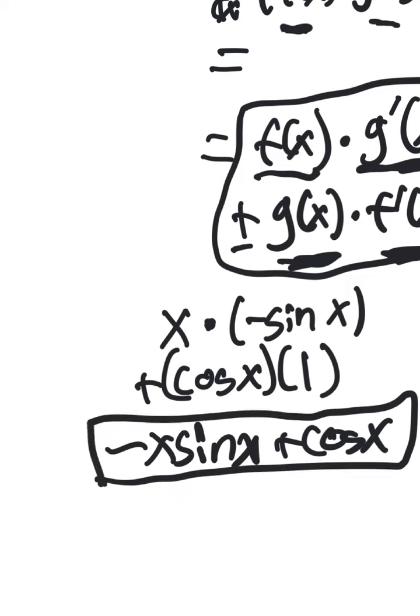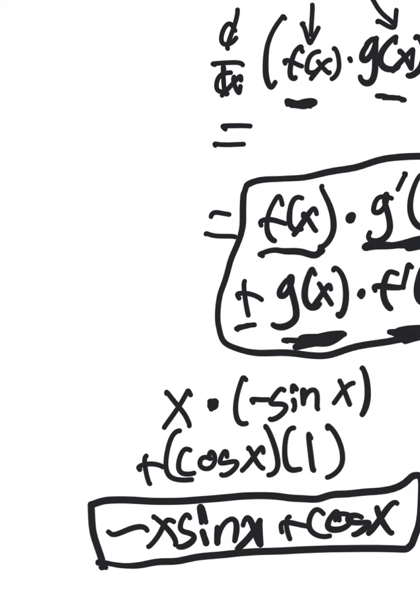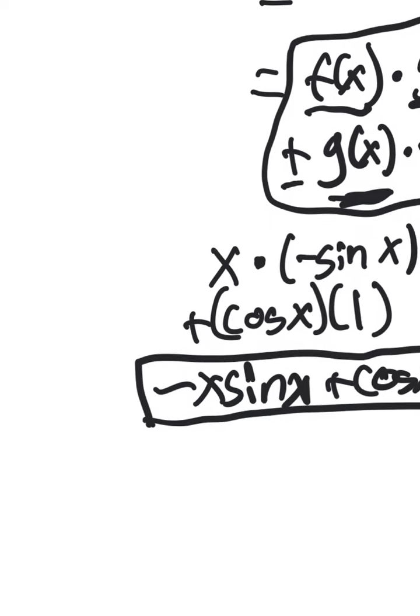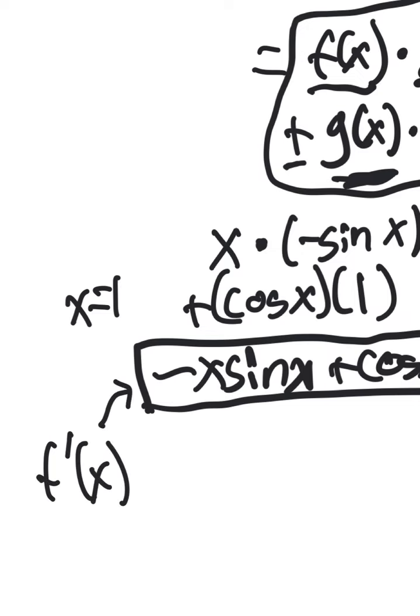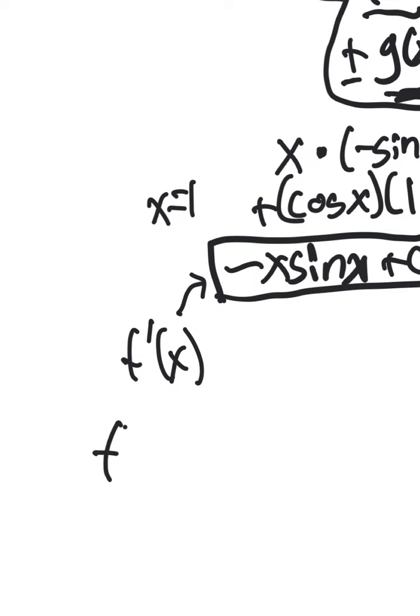Now let's say you had to find the derivative of a function at a point. So let's use this function just because it's convenient, because we already did it. Let's say we wanted to find the rate of change, the slope of a tangent line, at x equals 1. Well, then we just take our derivative function. We can call that f prime of x, is this. And then we can take f prime of 1.